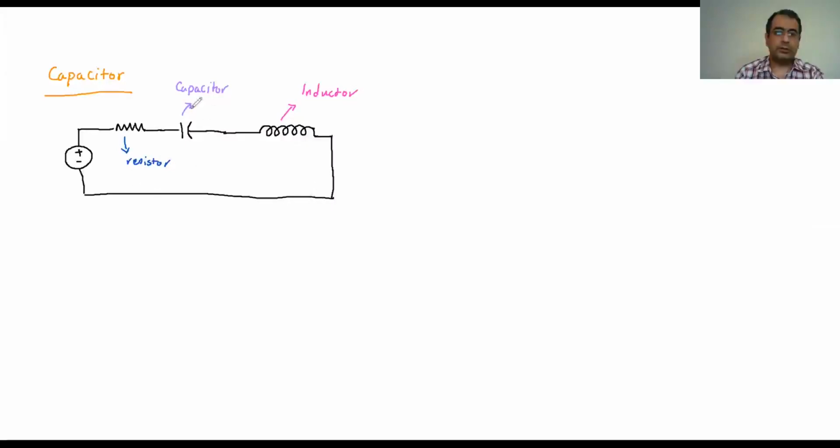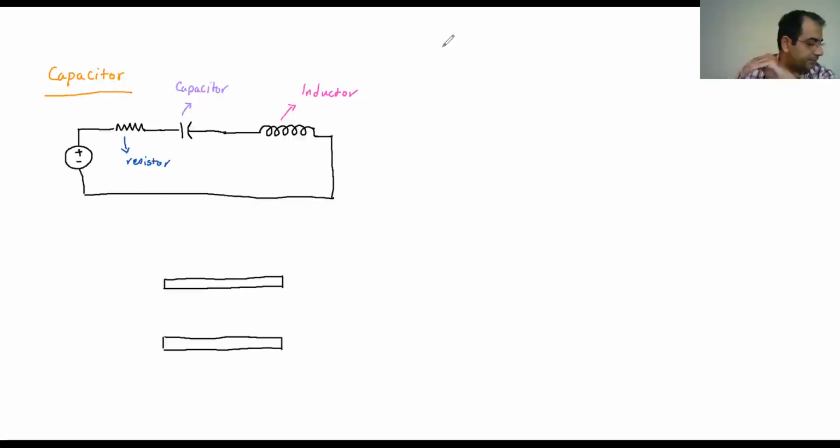When we look at the capacitor, basically what we are dealing with is two layers of some kind of material, separated by some kind of insulator.